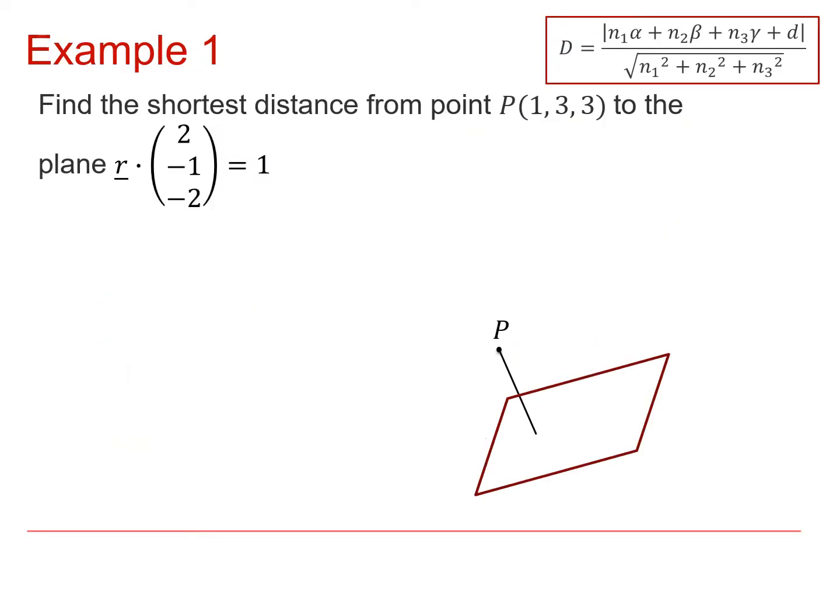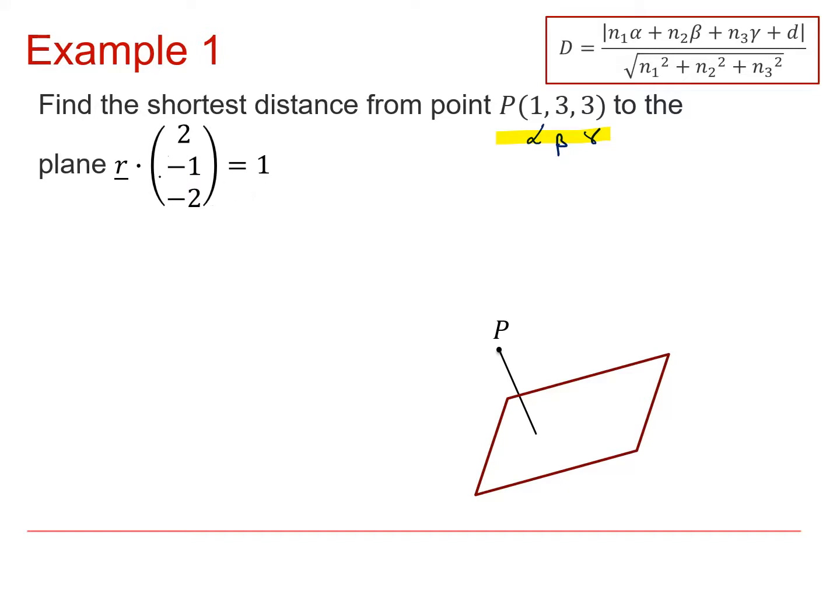Okay, so let's have a look at an example. We've got a point P, which is 1, 3, 3. So that's going to be alpha, beta, and gamma. And we've got a plane r dot (2, minus 1, minus 2) is equal to 1.